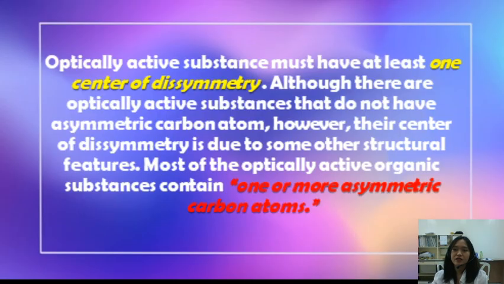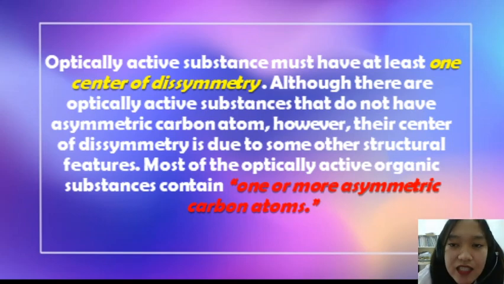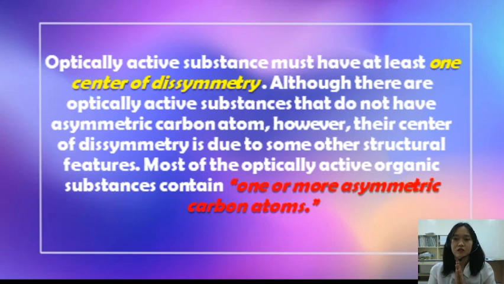Okay, so an optically active substance must have at least 1 center of symmetry. Again, when you say optically active substance, ito yung substance that is able to rotate your plane polarized light. Now, one distinction para maging optically active yung substance na yun is dapat meron siyang 1 center of symmetry. When you say 1 center of symmetry, dapat meron siyang at least isang asymmetric carbon atom or a carbon atom with 4 different functional groups attached to it.